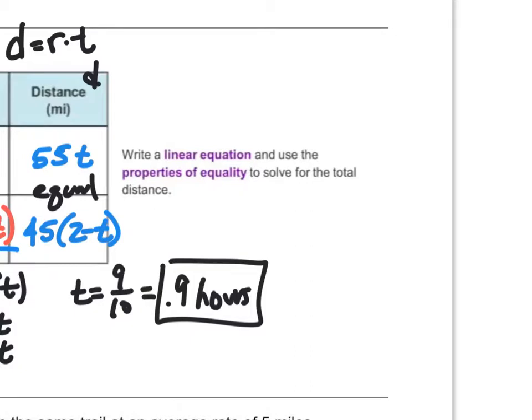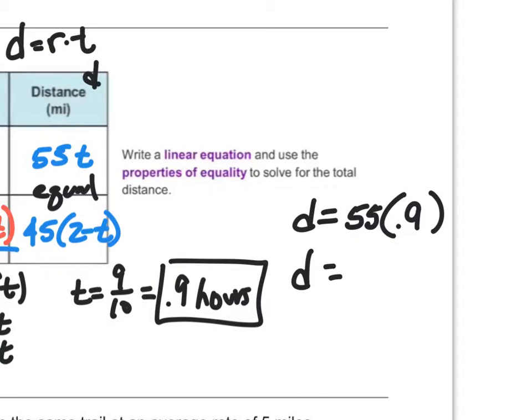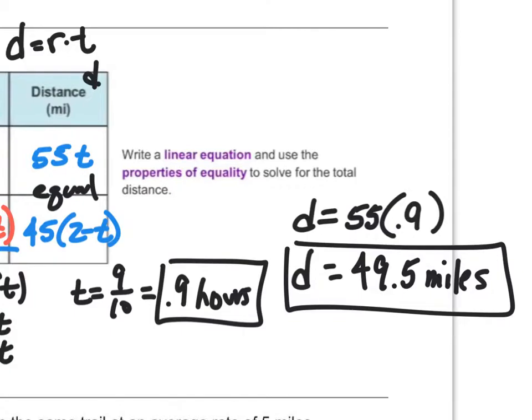So to find our distance, I'm going to take the rate at which we travel, which is 55 miles an hour, and multiply that by 0.9 hours, okay? And so my total distance then is going to be 49.5 miles, okay?